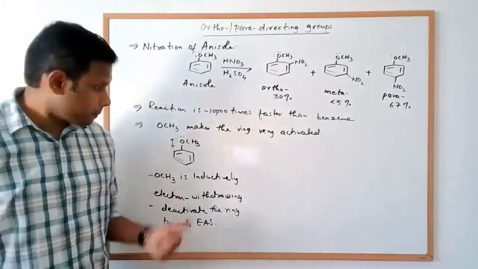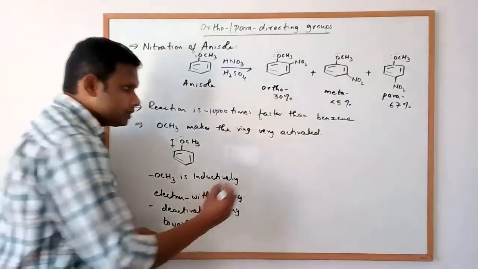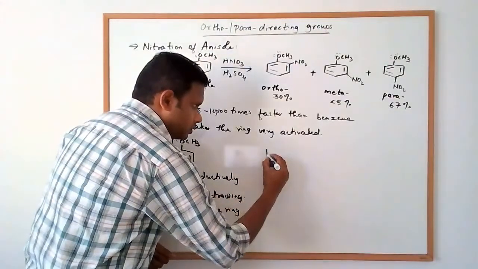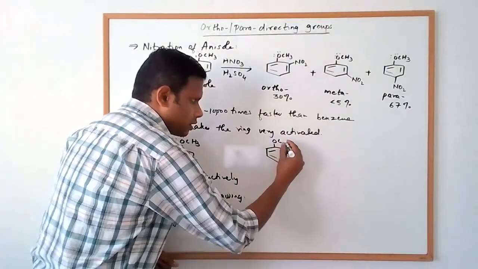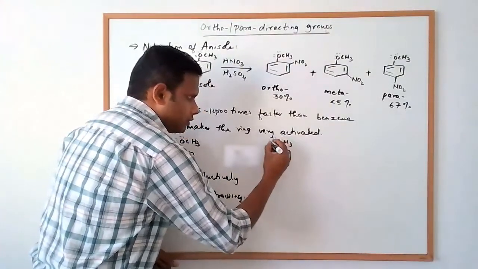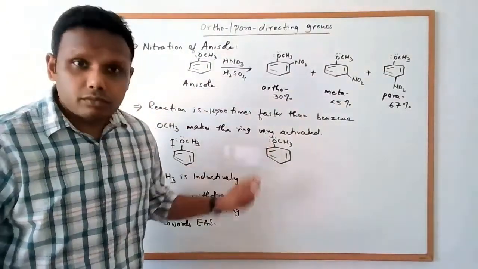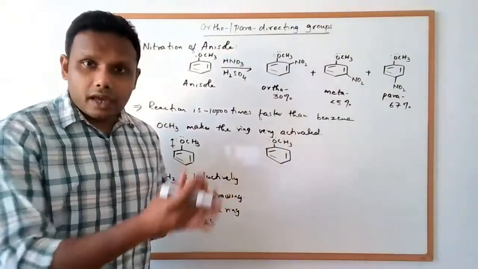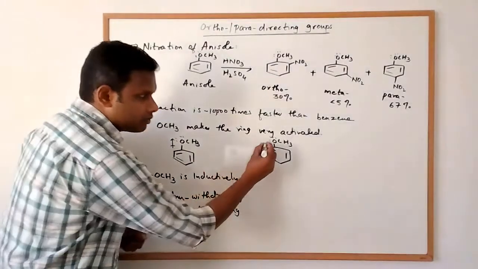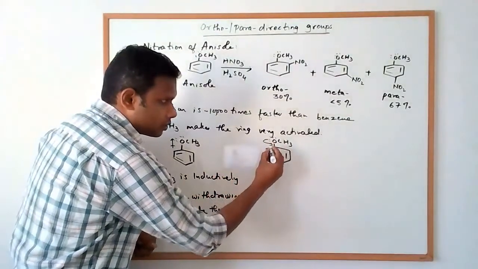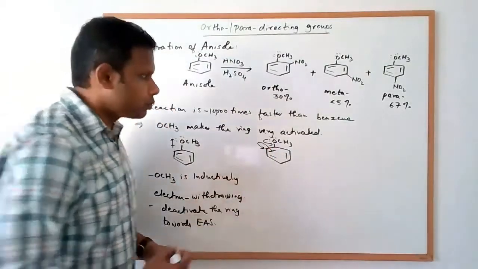So the inductive effect of the electronegative oxygen atom is going to deactivate the ring towards electrophilic aromatic substitution. But there is another effect at play here, which is the resonance effect. For molecules like anisole, where we have a substituent with lone pairs on an atom adjacent to the aromatic ring, the benzylic position essentially, these lone pairs can be supplied to the aromatic ring through resonance.